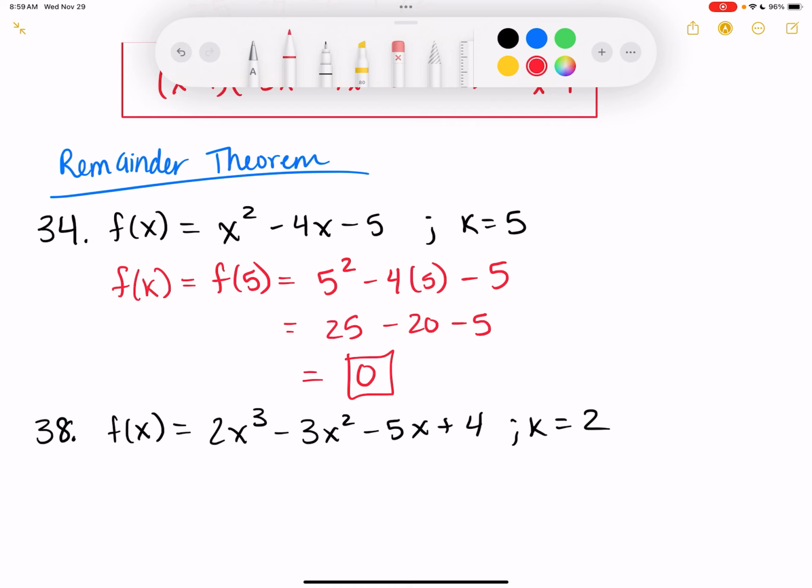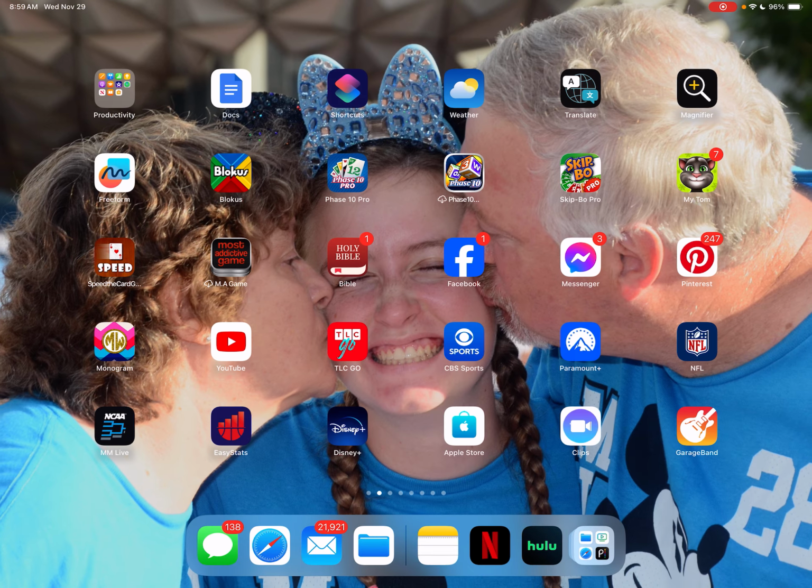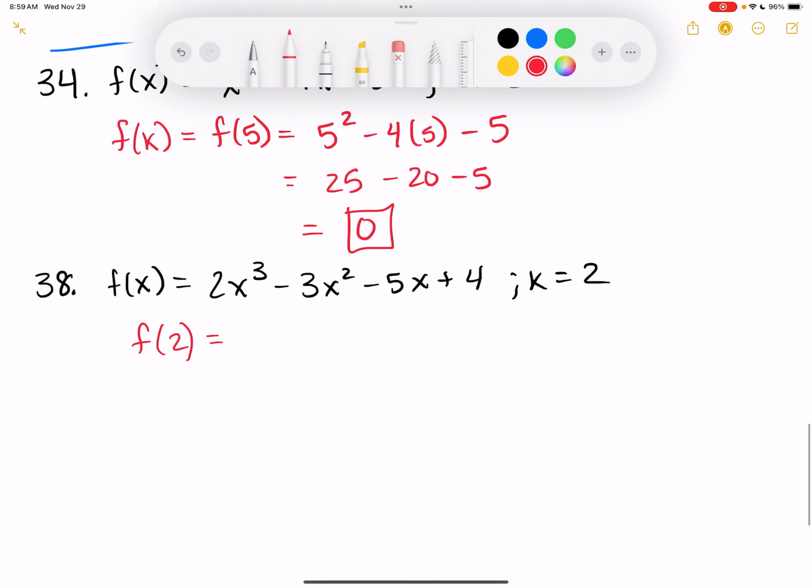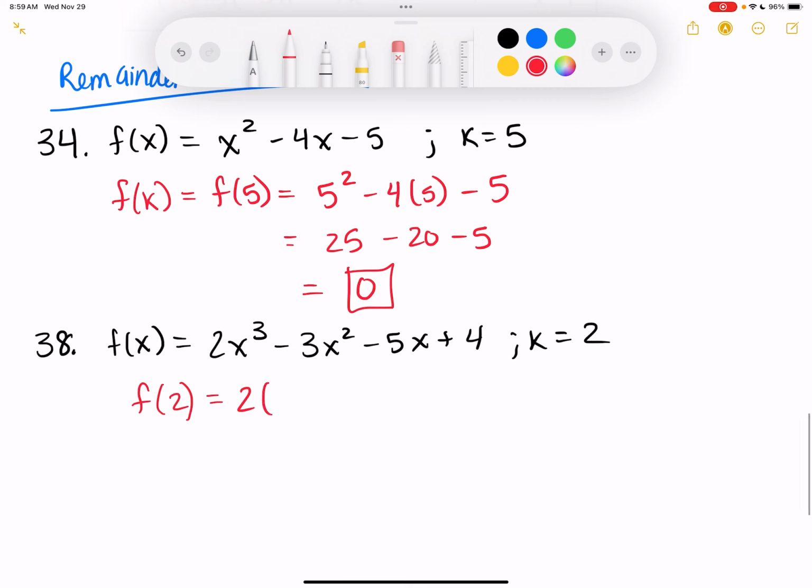So I've got f of 2 this time. So anywhere I see an x, I'm putting a 2. So I have 2 times 2 cubed minus 3 times 2 squared minus 5 times 2 plus 4.